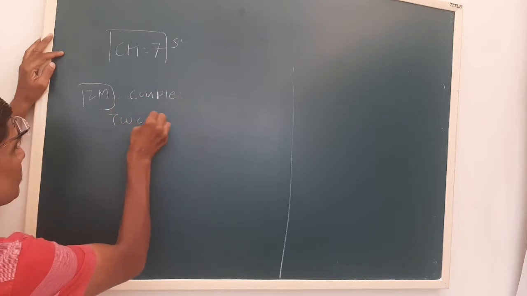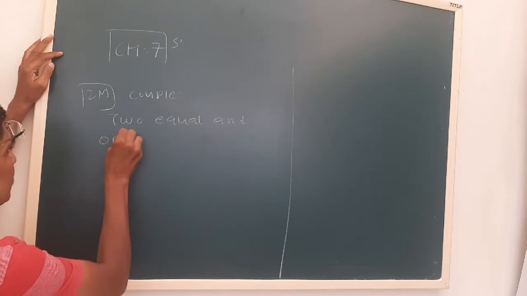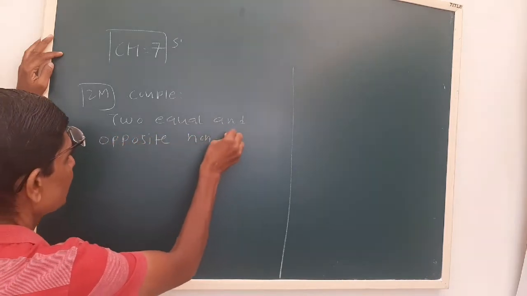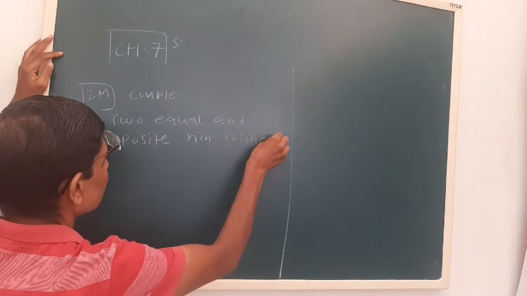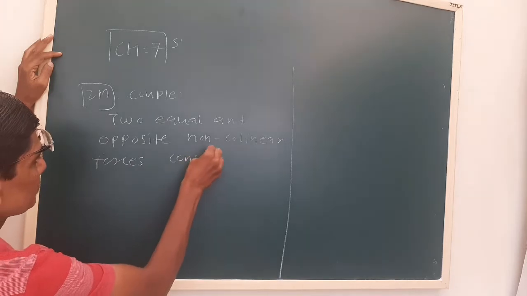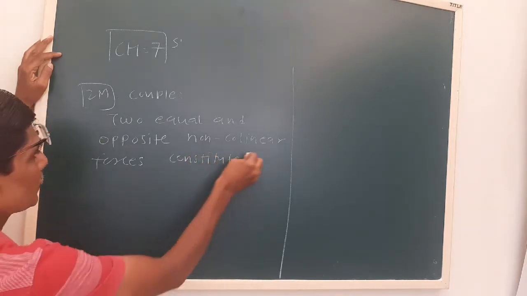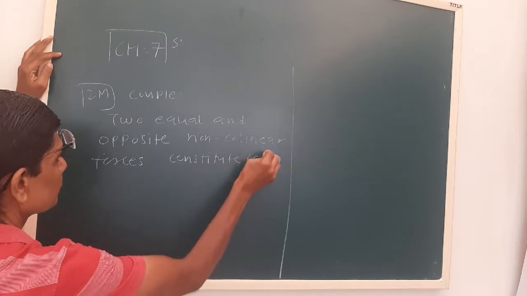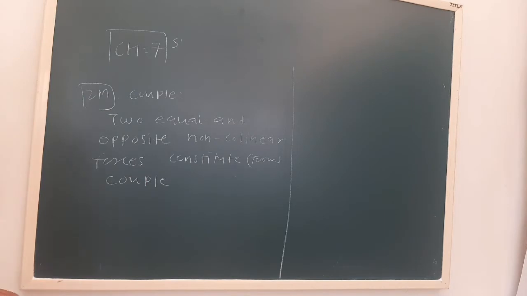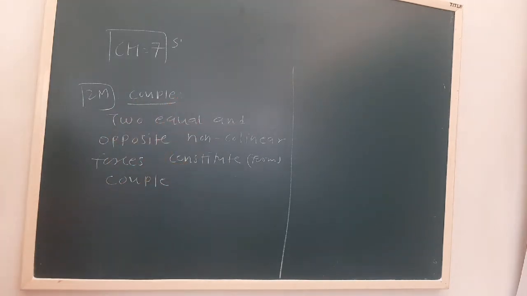Two equal and opposite non-collinear forces constitute, or form, a couple. Okay, two equal and opposite non-collinear forces constitute a couple.